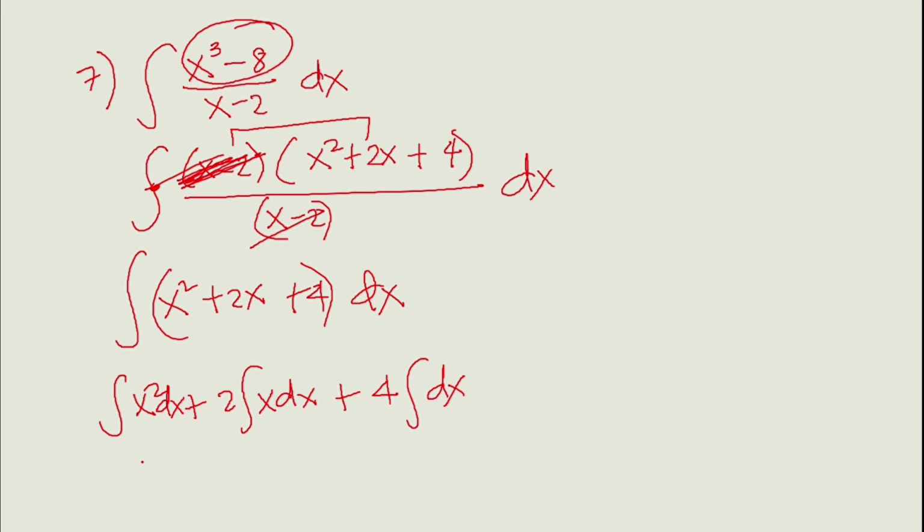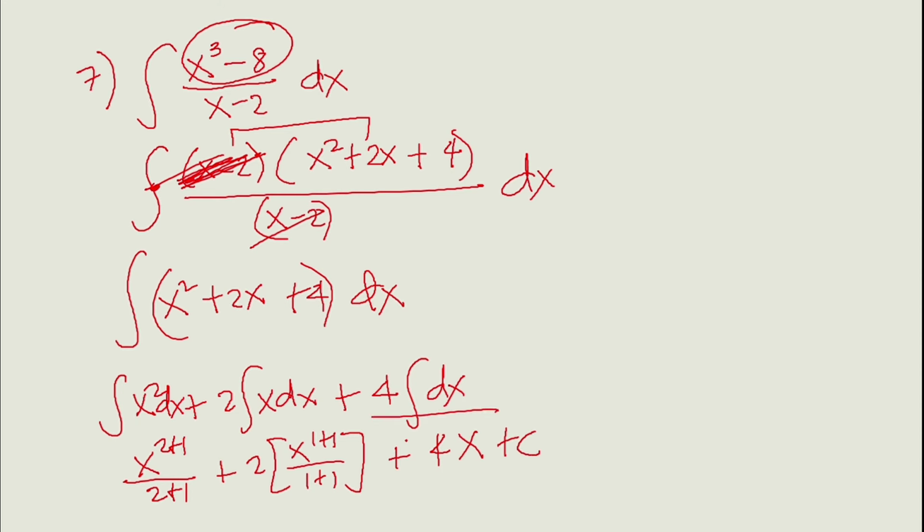Integrating, this is x to the 2 plus 1 over 2 plus 1, plus 2 times x to the 1 plus 1 over 1 plus 1, then plus 4x plus c.